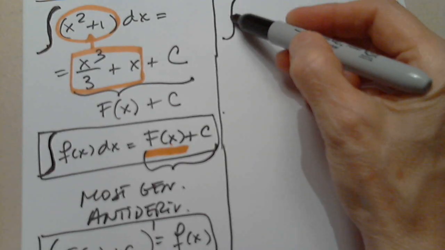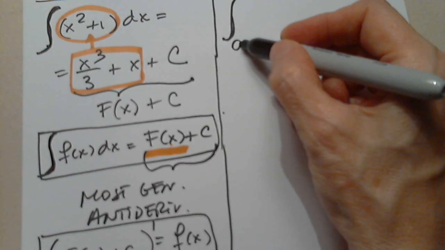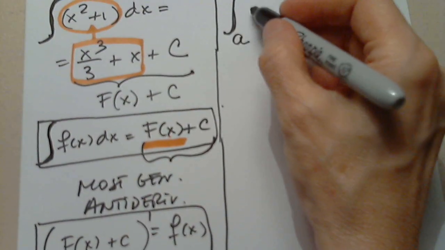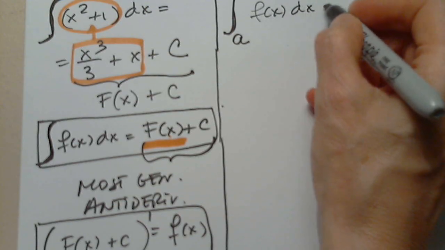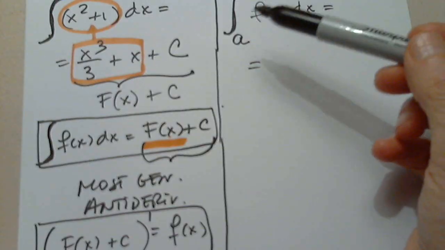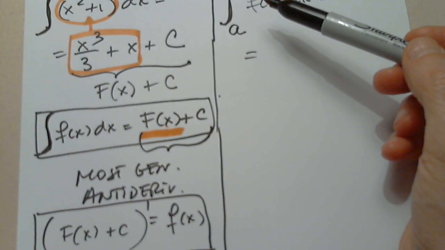So the definite integral from a number to another number, the definite integral from a to b of f of x dx equals, and I will teach you how to calculate this.